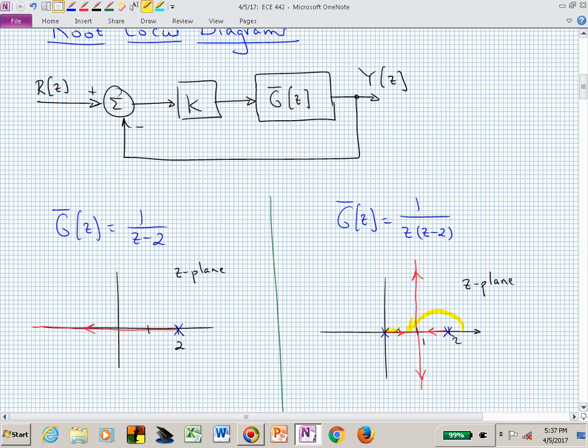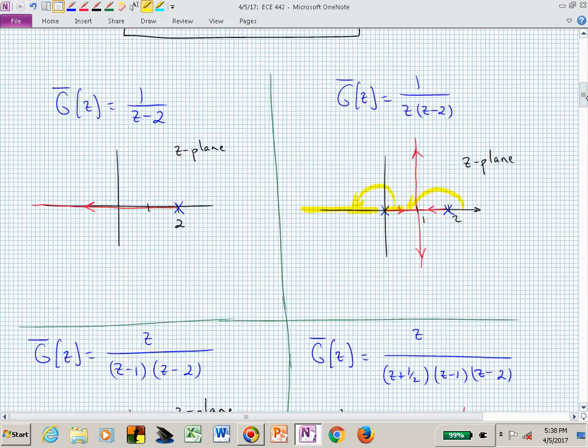The pole here, I'm measuring my angle with this virtual horizontal axis, and so I have 2 turns of 180 degrees, which added together gives me 360, which is not 180. So those points over here do not belong to the root locus.